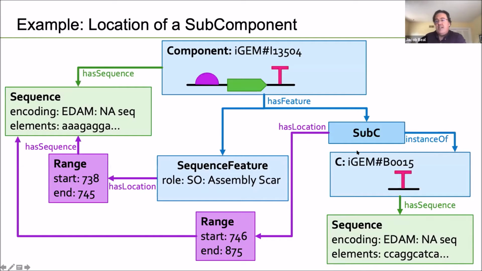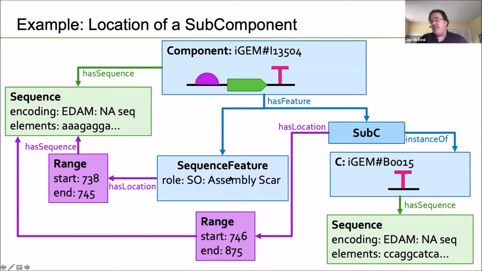So let's see an example of locating one of these subcomponents. On this full component, we've got the actual sequence of this full thing, which is of nucleic acid type. And then we can mark a couple of items on there.